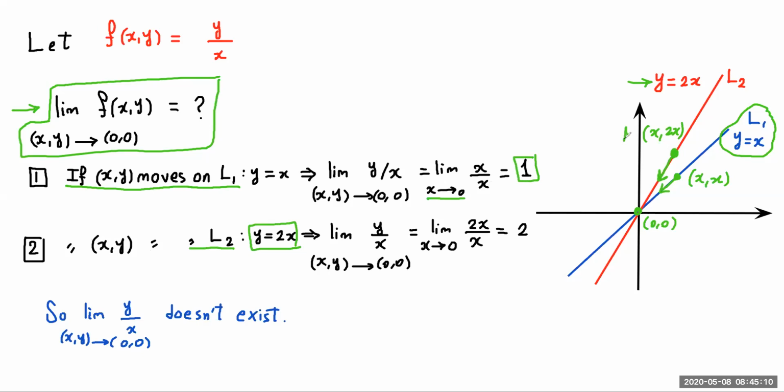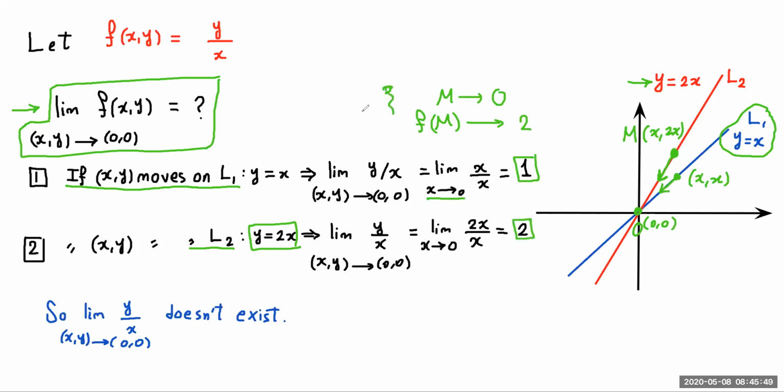When the point M approaches O, the number f(M) will approach 2. So on the line L2, the limit of y over x will be the limit of 2x over x equal 2.